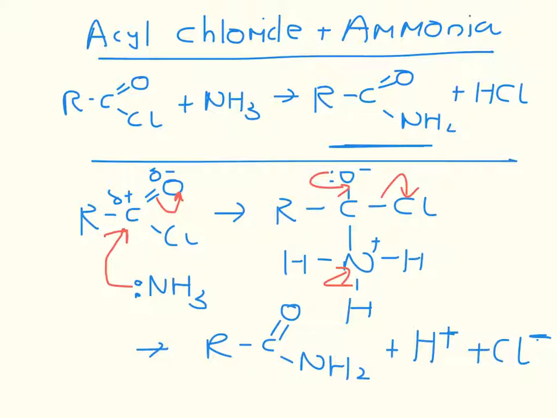Now with this one you have to be a little bit careful because the HCl actually reacts with NH3, which is one of my reactants, to give me NH4Cl. So the way you actually write this equation is you put 2 there, and rather than forming HCl, you form NH4Cl instead.